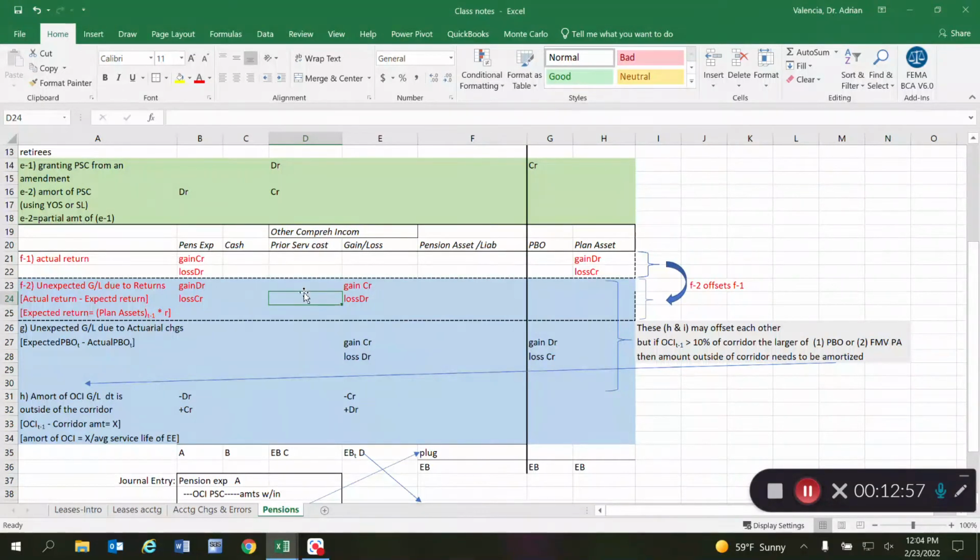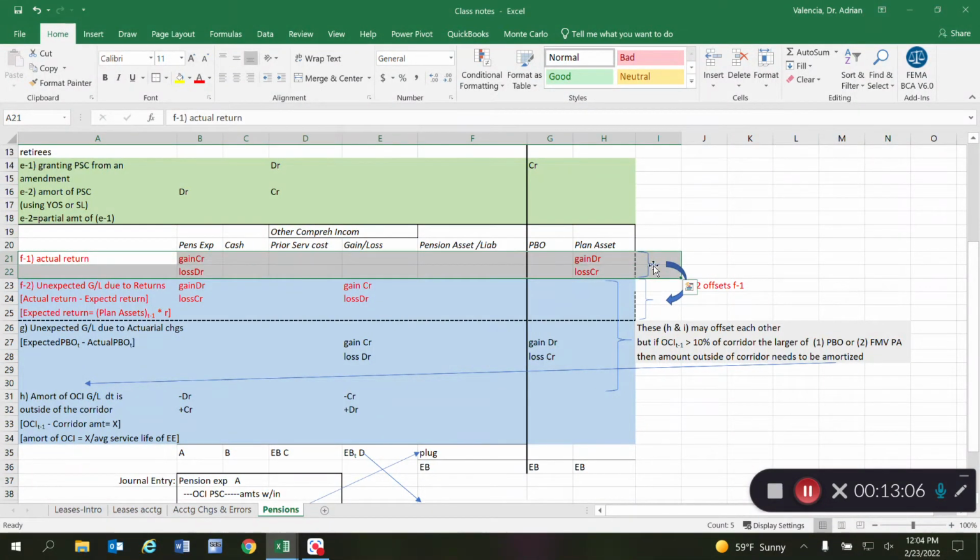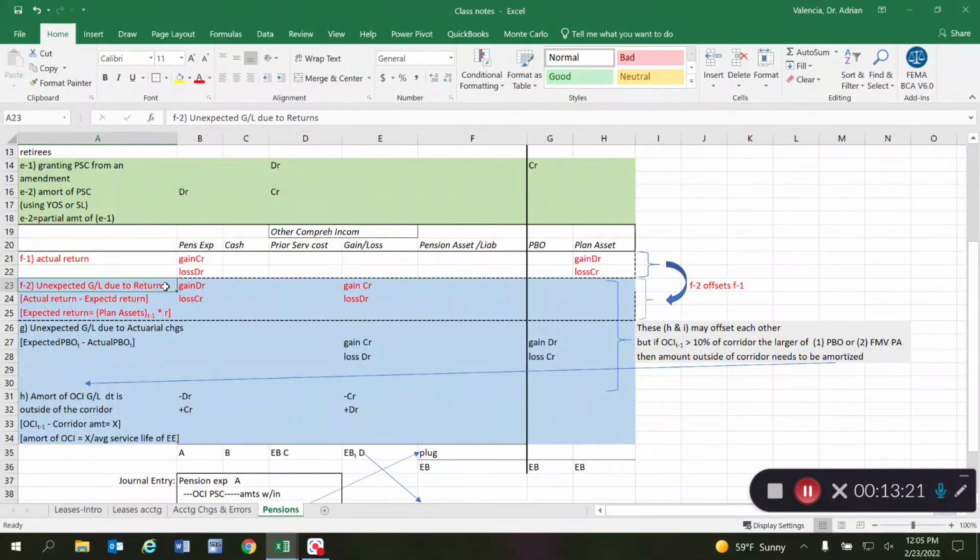And the idea is this: over the long term, our expectations should more or less align with the actual returns of the plan. Okay, so hear me out very carefully. Over time, in the long term, our expectations should align with what the actual returns are. So in the periods that it does not, we're going to remove that unexpected or surprise component and put it into gain or loss of OCI.